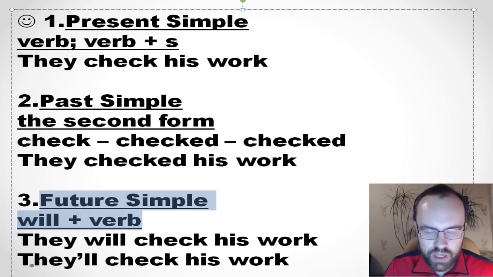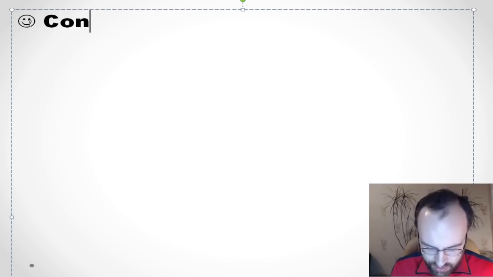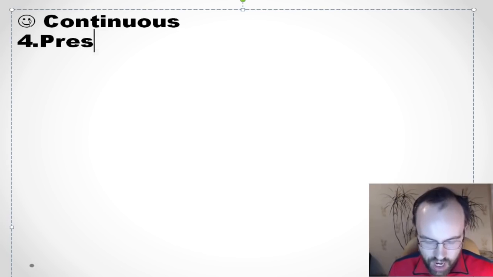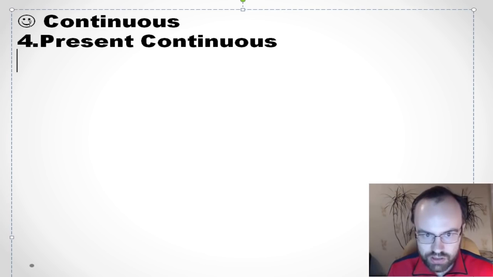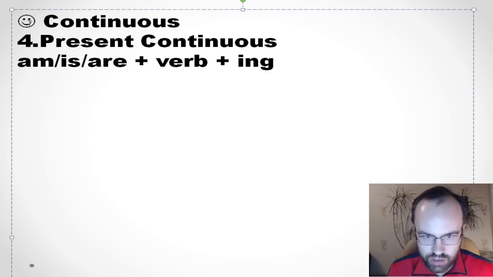Well done. Next, the next group is continuous. Present continuous: how do we form this tense? It's easy. Am, is, or are plus verb plus ing.